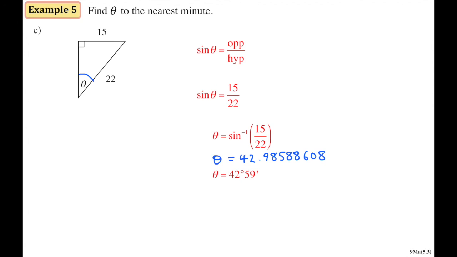That's the answer that it gives on the screen. But when you hit the degrees, minutes, seconds button, it comes up with 42 degrees, 59 minutes, 9.19 seconds. When you focus on the 9.19 seconds, because it's less than 30, that all stays as it is. And that's why the answer is 42 degrees and 59 minutes.